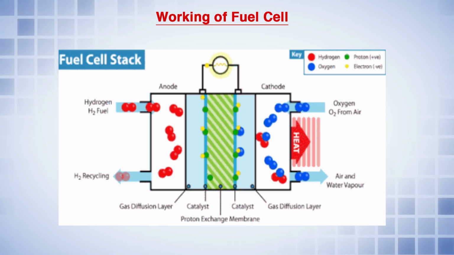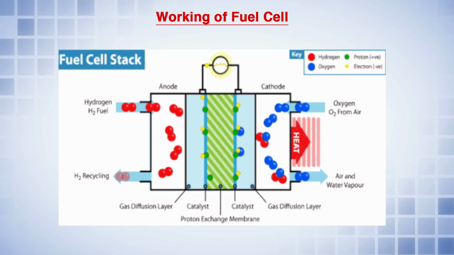In this particular figure, this illustration indicates how these fuel cells are working. As you can see, we have red bubbles and blue bubbles. The red bubbles indicate the hydrogen fuel, and the blue bubbles indicate the oxidant.